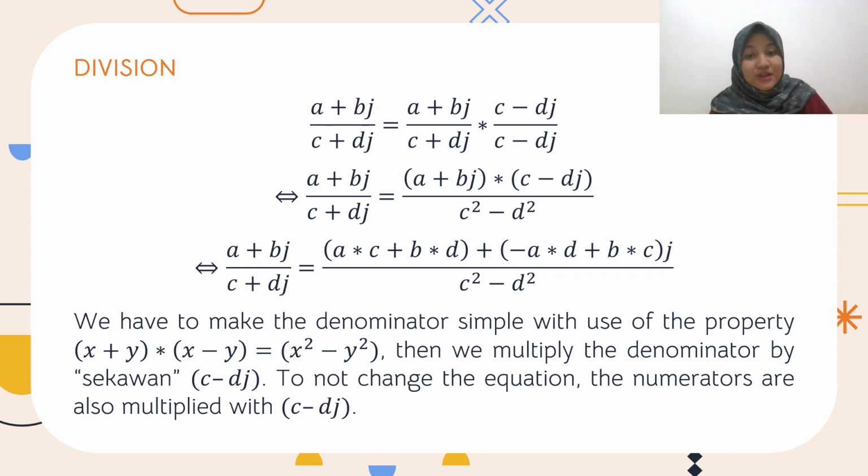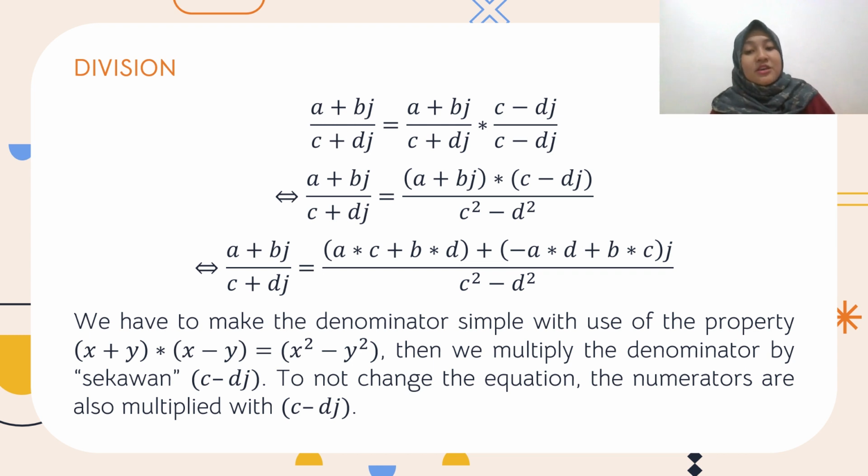It is equal to a times c plus b times d. Since we know that i is the imaginary unit, the square root of -1, so i times i is -1, and there is a minus here, so it becomes b times d, plus (minus a times d plus b times c) times i, over c squared minus d squared.